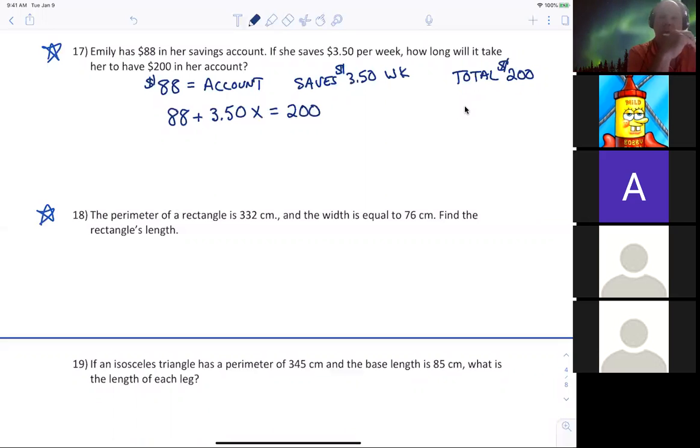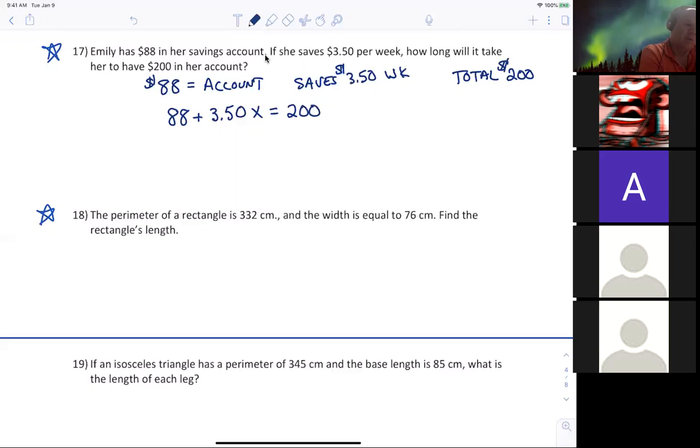Would take around 30 weeks. Well, I don't want a round. We're going to solve it out mathematically. Okay? So here we go. So to solve this, I'm supposed to subtract 88 from both sides. Subtract 88 from both sides. All right?